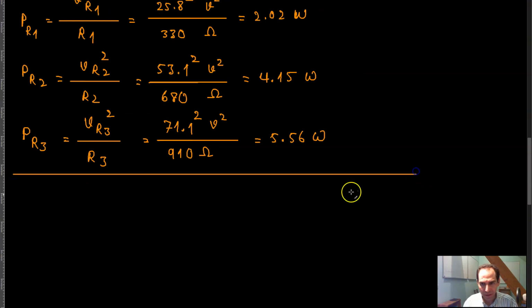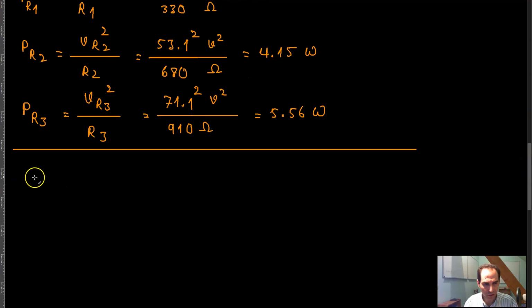Now for the same circuit, the total power dissipation in the circuit, we said that R of T was 1920 ohms and V of S was 150 volts.